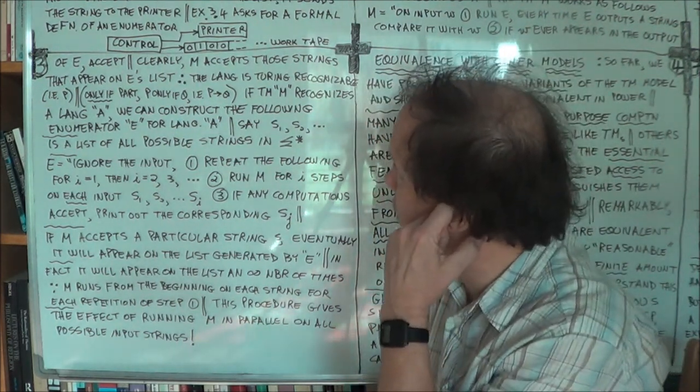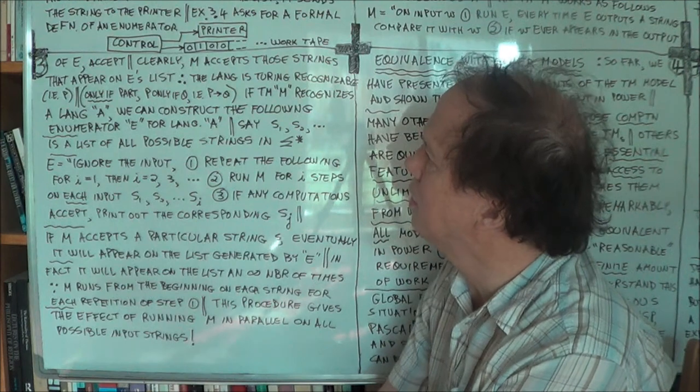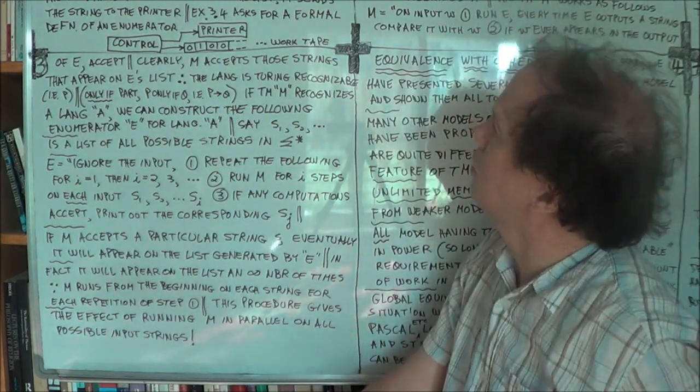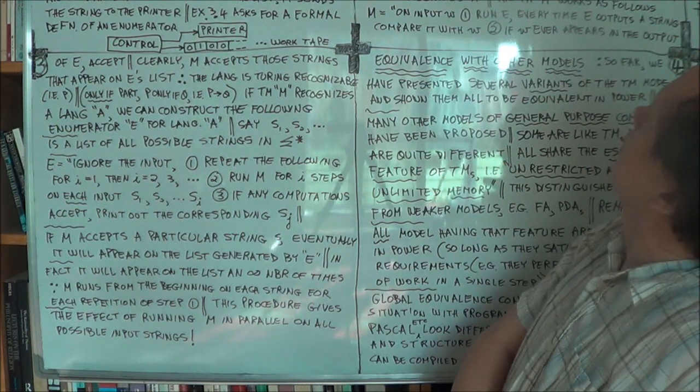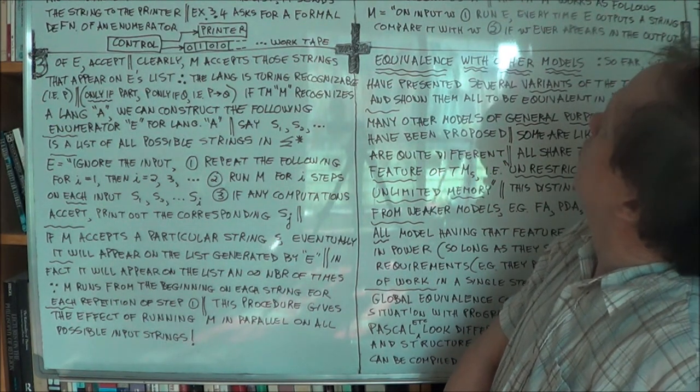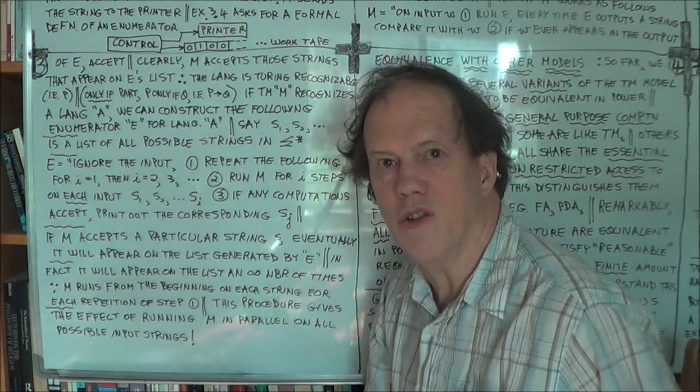Given that that's true, you have to show Q. That statement is that the language is enumerated by an enumerator.